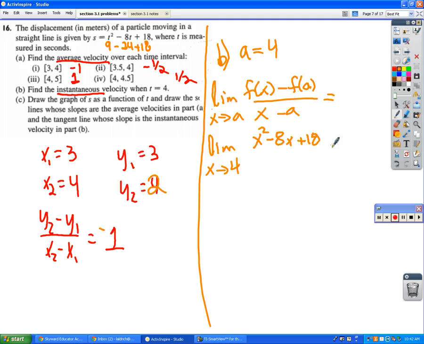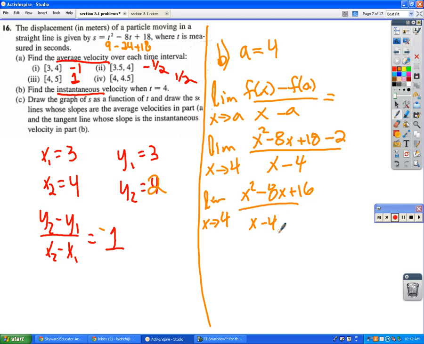When you plug 4 in there, you get 2. So that's minus 2 all over x minus 4. So that's the limit as x approaches 4 of x squared minus 8x plus 16 over x minus 4.